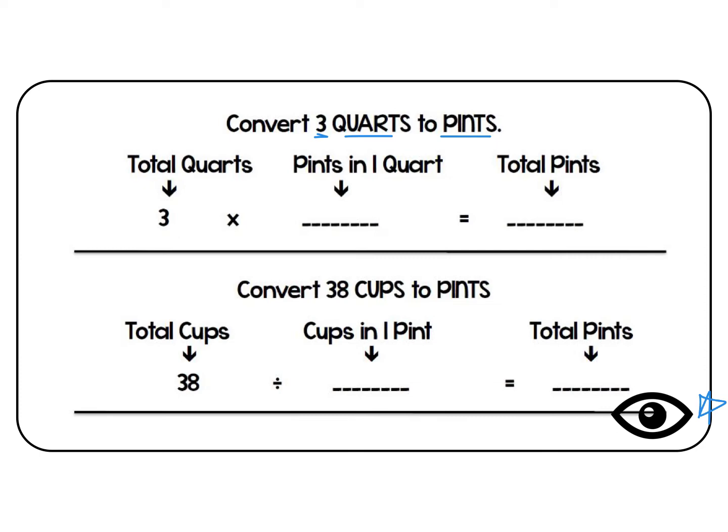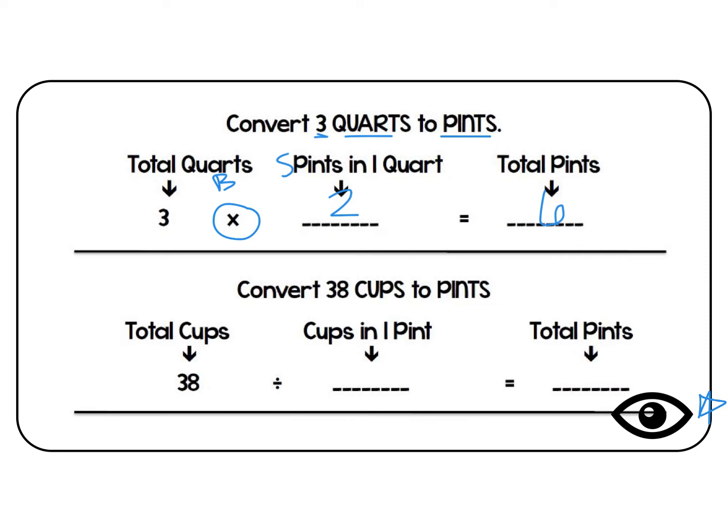So when I look at how many pints are in a quart, there are 2 pints in a quart. Quarts are bigger than pints. Pints are small. So when we're going from horse to fly, we multiply. So if I have 3 quarts and each quart has 2 pints, I have a total of 6 pints.